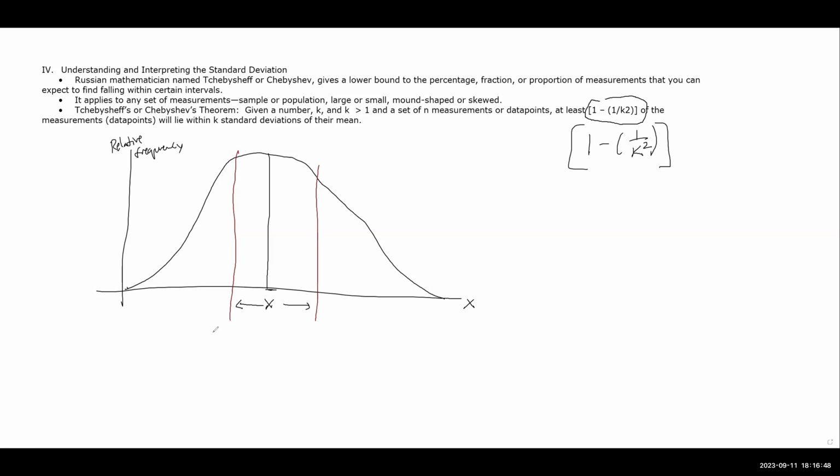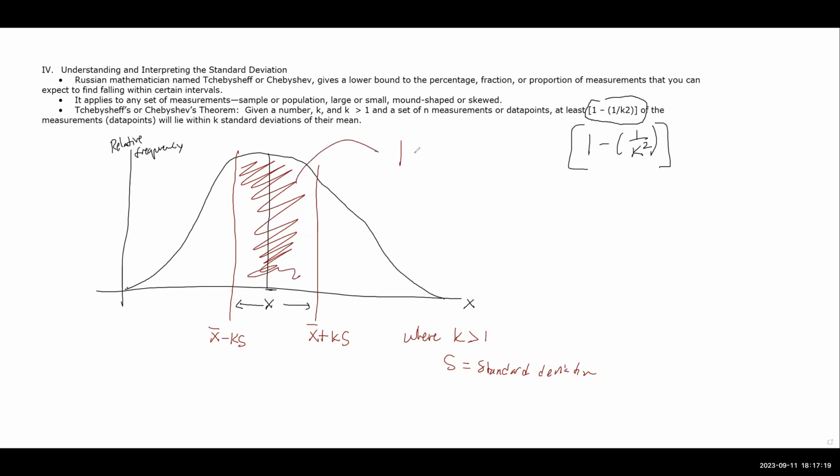Where this is x bar minus k times s, and this is x bar plus k times s. Where k is greater than 1, s is equal to standard deviation. Then within this area right here, Chebyshev says 1 minus 1 over k squared of the data will be inside these two boundaries right here.